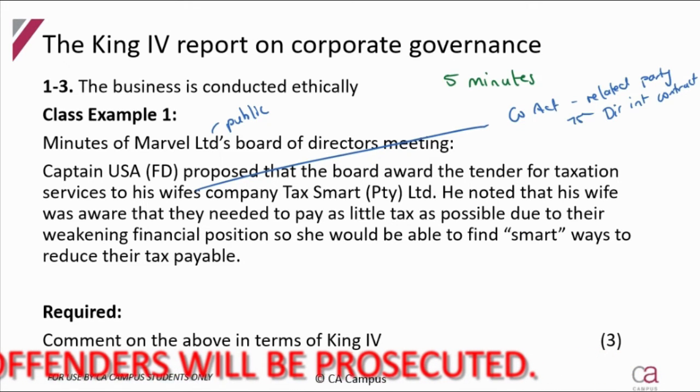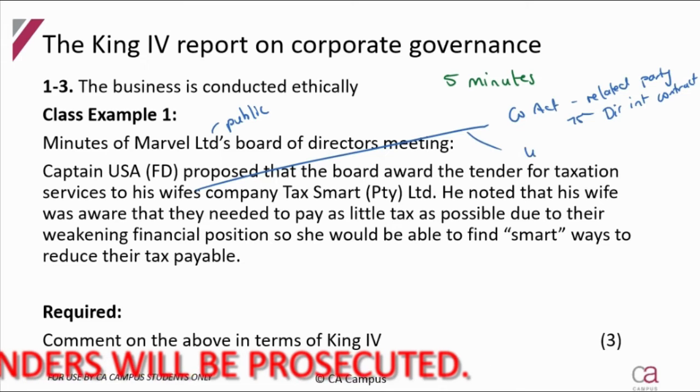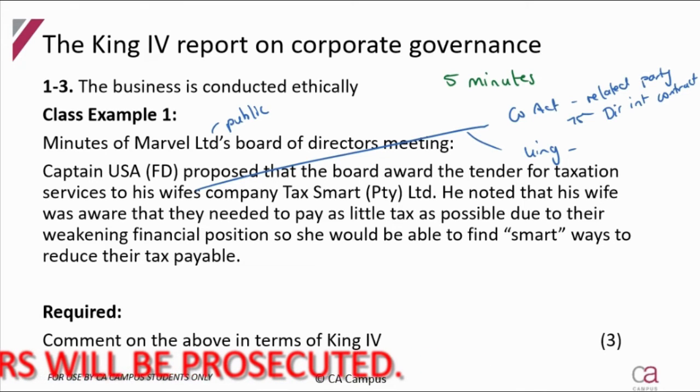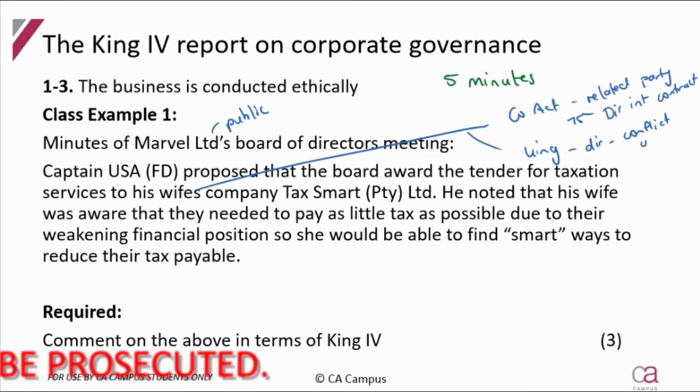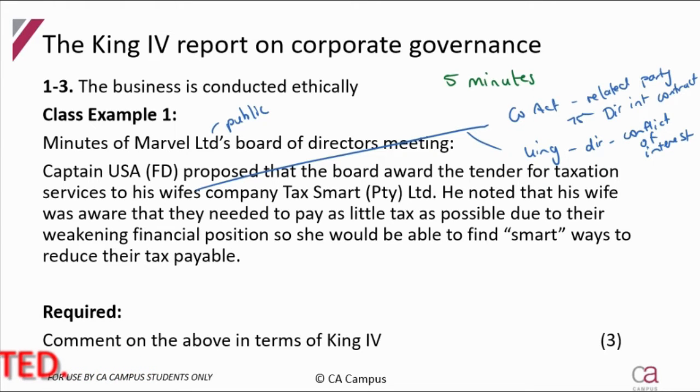And here from a King perspective, you've got a director with a conflict of interest. He noted that his wife was aware that they needed to pay as little tax as possible due to their weakening financial position, so she would be able to find smart ways to reduce their tax payable.